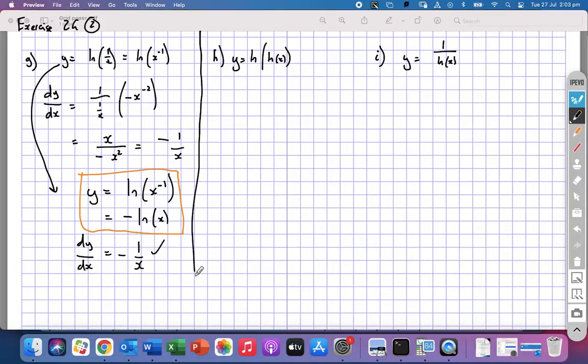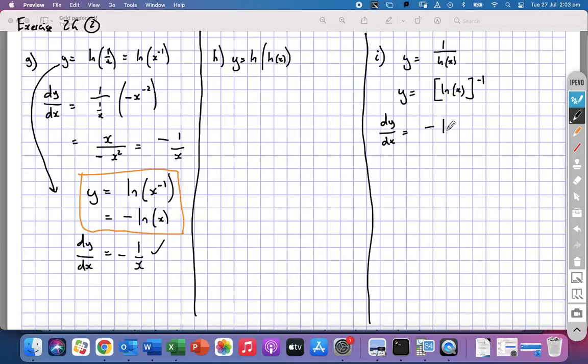Maybe we jump to this question here. I wonder how well I can draw a straight line. Break these into 3 columns. There we go, beautiful. If we go y equals 1 on log x, I think I'd like to write it like this so that I can apply a chain rule to it more easily. I'm going to say the derivative will be minus log x to the minus 2.